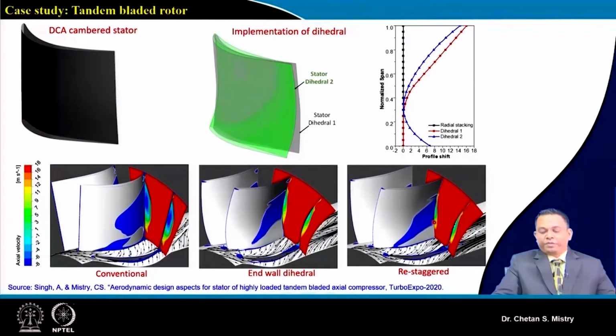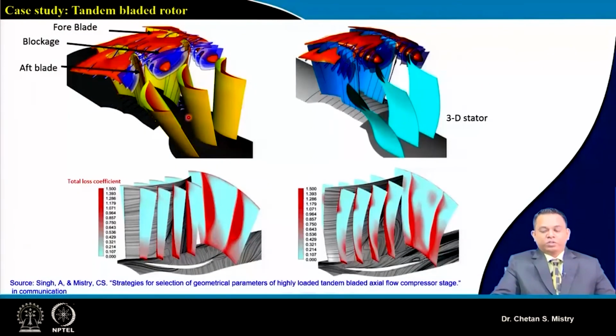Now this is the final design with re-staggering of the stator blade. So here we are able to manage our flow at the exit of the stage. Now this represents how my total loss coefficient gets modified for both the stator configurations. So this is the final design of the stator for the tandem bladed rotor.